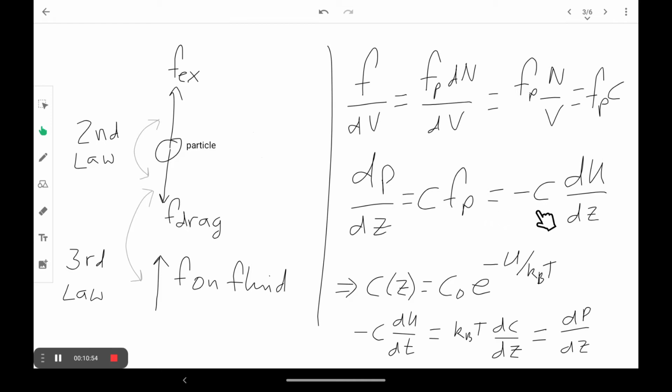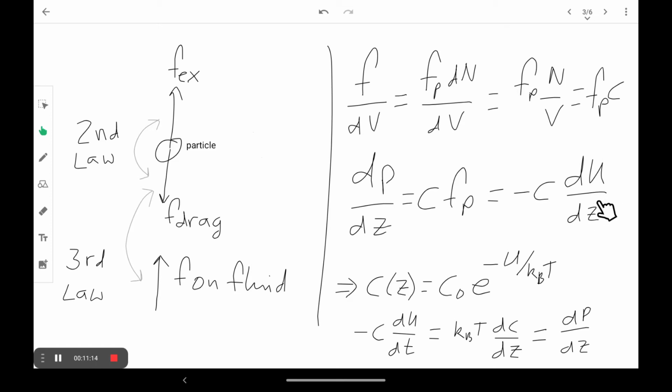And forces are related to the negative derivative of potential energy with respect to position. Okay, so that's nice. We now have pressure related to concentration and a potential energy.